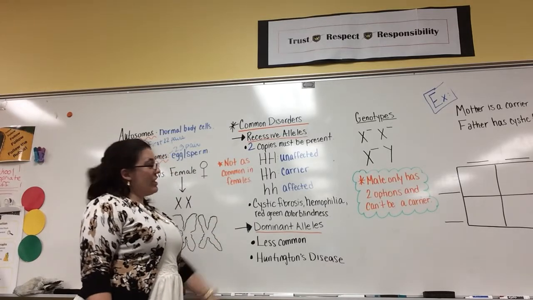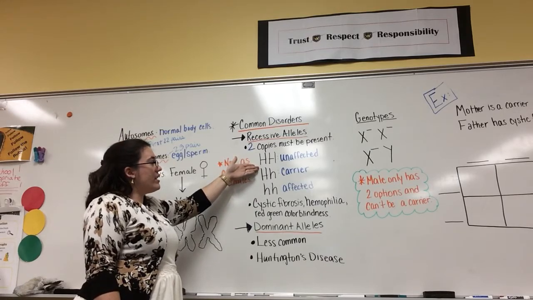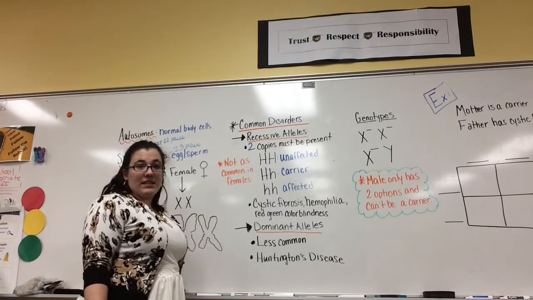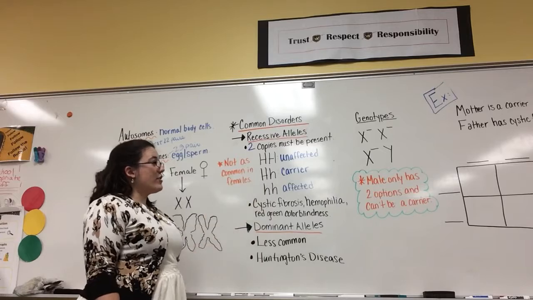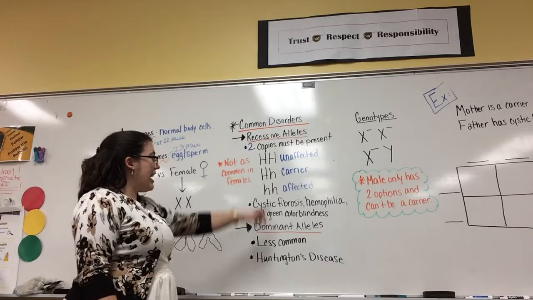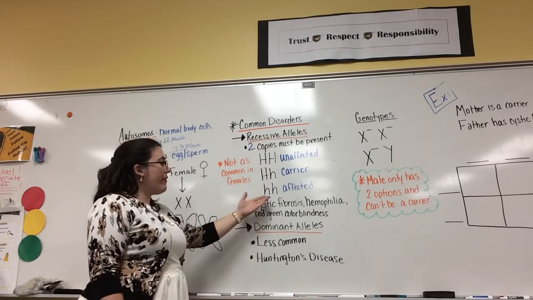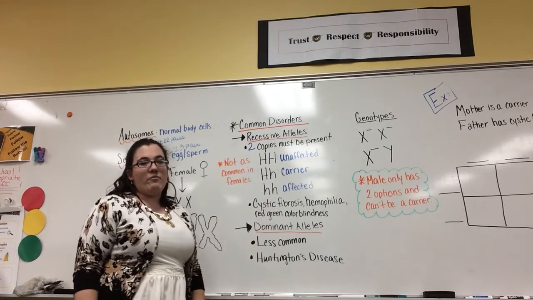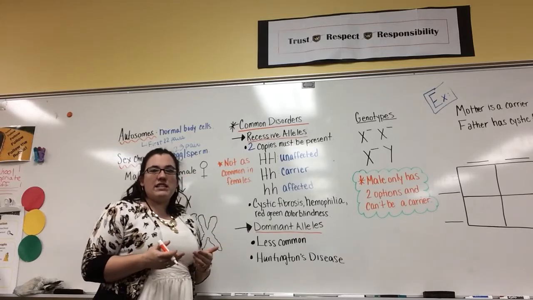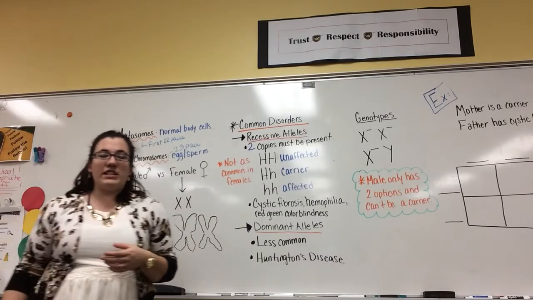If she has two dominant and she's homozygous dominant for whatever disorder we're talking about, she is unaffected because it's a recessive disorder. She can be heterozygous and be considered what is called a carrier of the disorder, so she has one dominant and one recessive. And then finally, she could be affected by the disorder and have both recessive alleles. So that gives the female much more of a chance of not having the disorder, which is interesting.